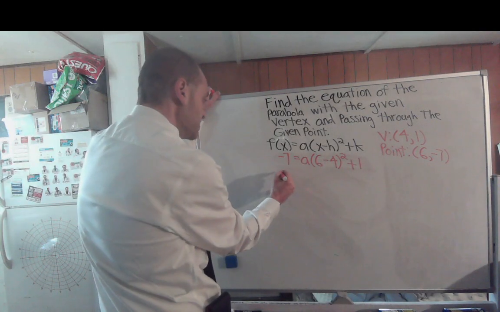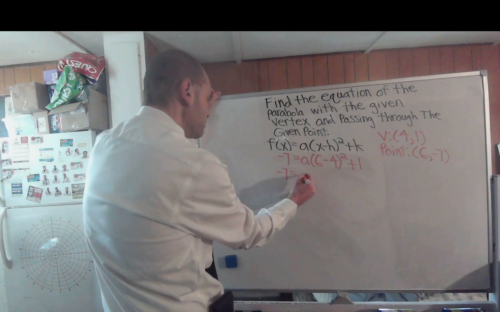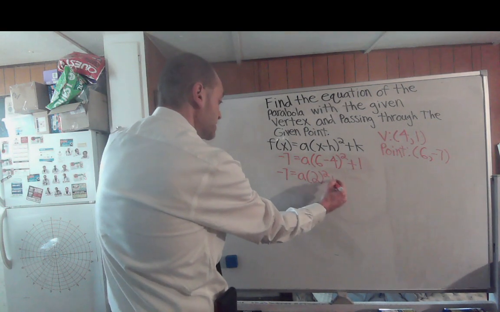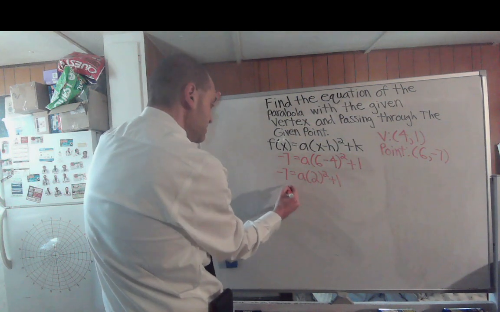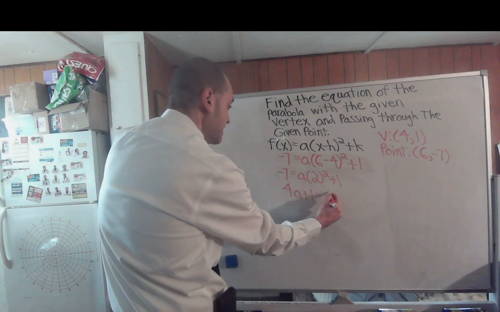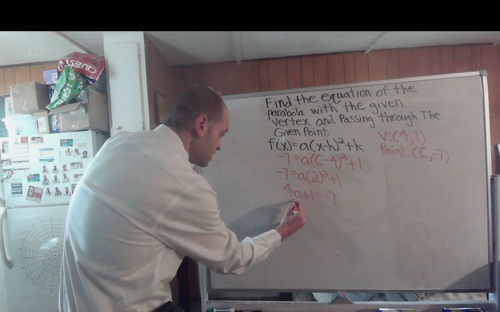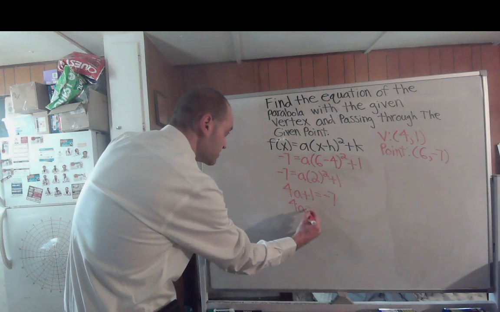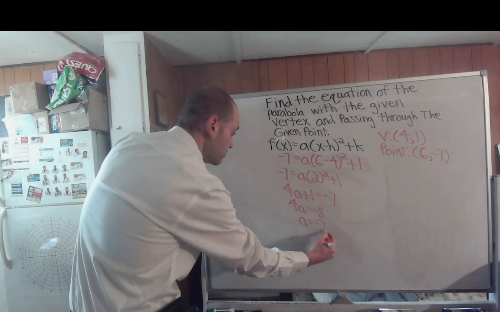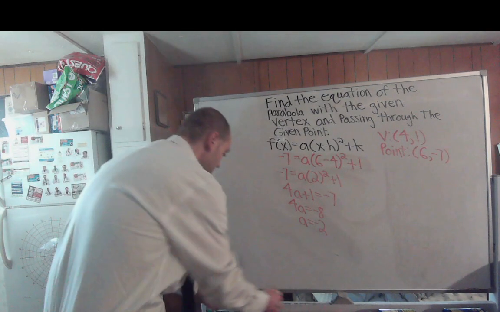Okay, so this will turn into negative 7 equals a times 2 squared plus 1. So this would give you 4a plus 1 equals negative 7. So 4a equals negative 8. a equals negative 2. So we found a.